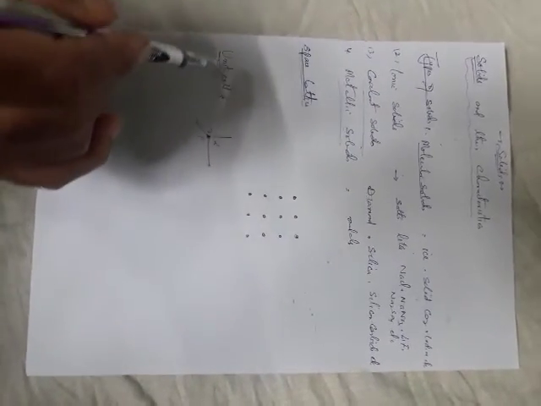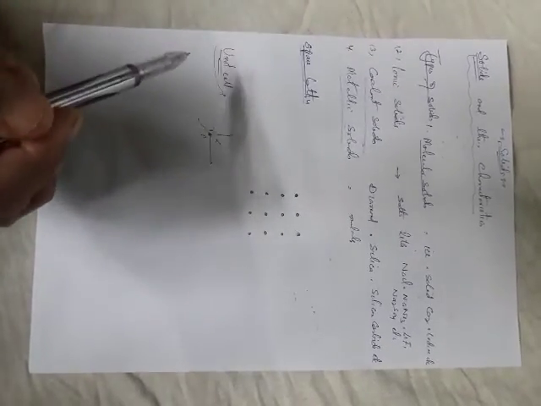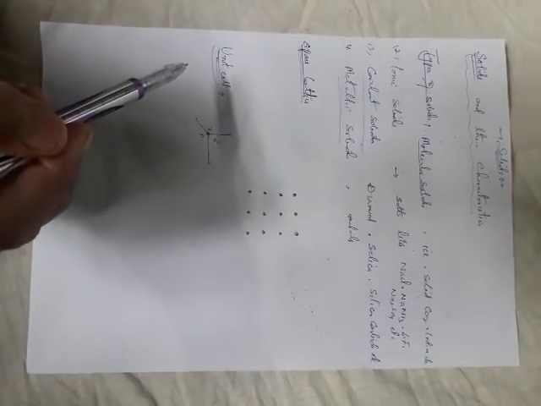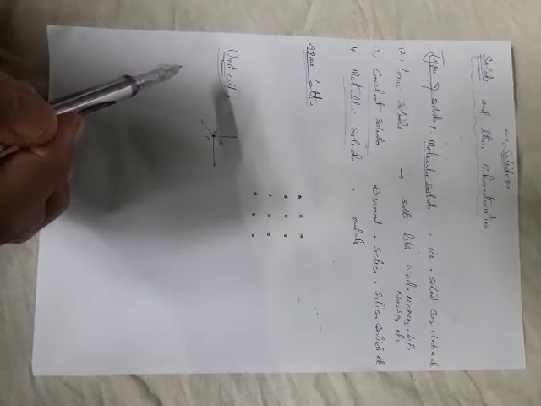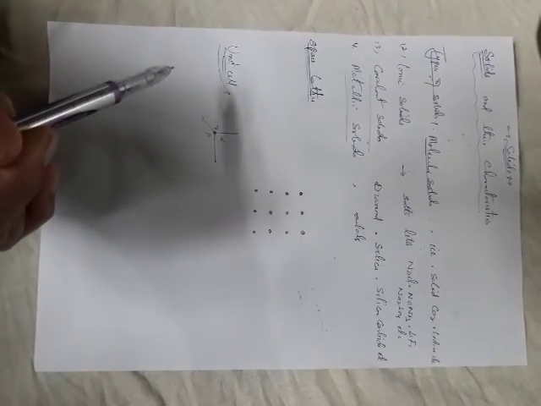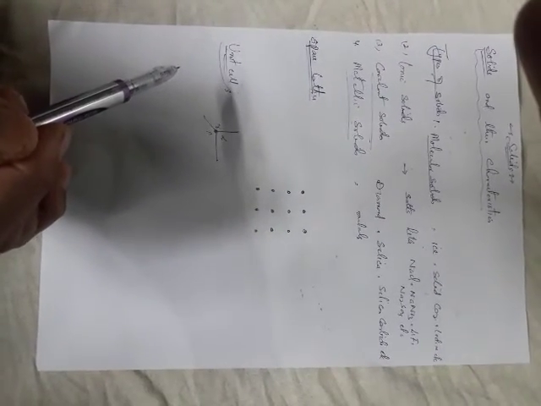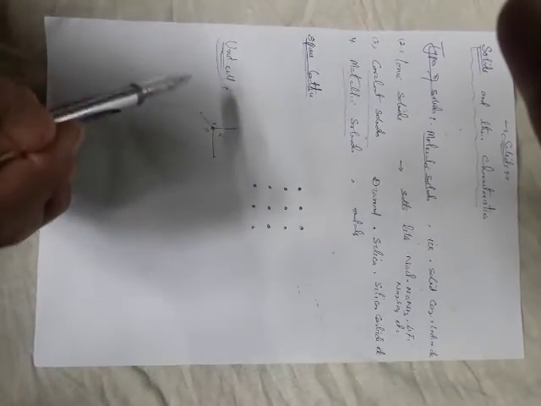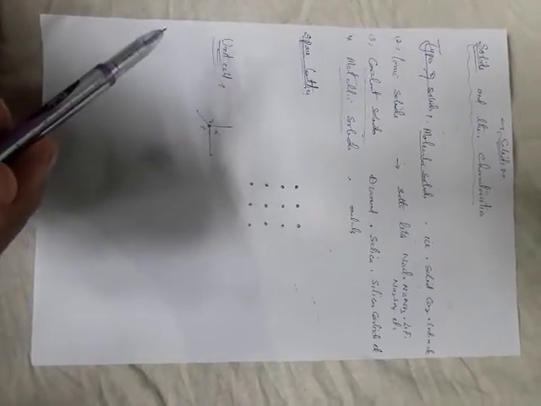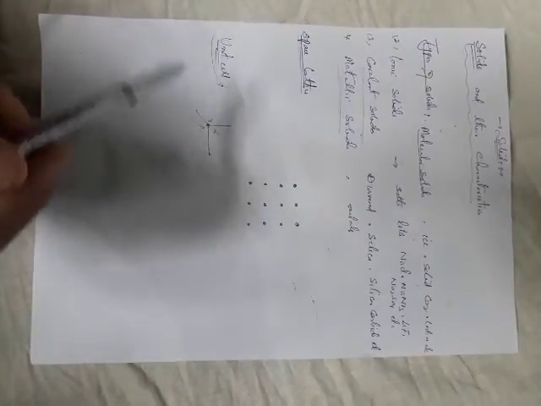Then we have the unit cell. The unit cell is the smallest portion of a crystal lattice or space lattice, which when repeated again and again reproduces the whole crystal or the complete space lattice. This smallest repeating pattern can represent the shape of the entire crystal.